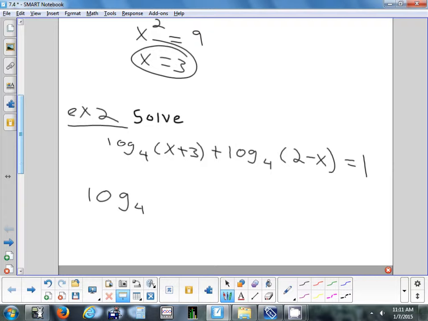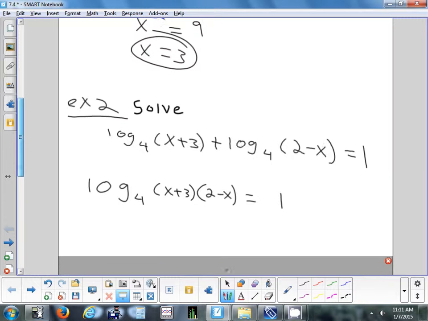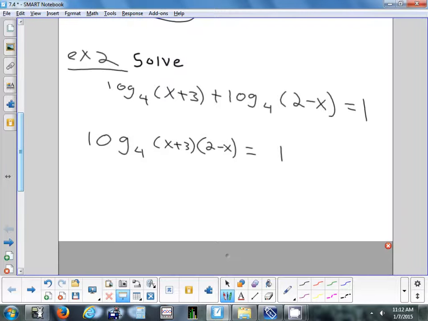And if it's addition, these two arguments must have been multiplied together. So it was x plus 3 and 2 minus x. Any question on that? Because it was addition, I'm going to recombine them together using multiplication.